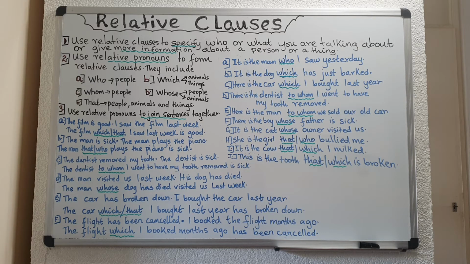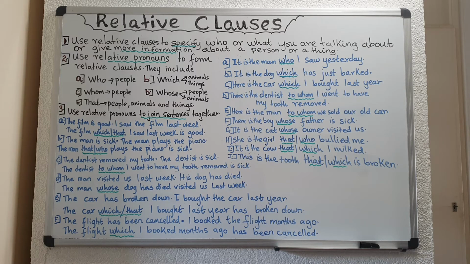And then in the next example, here is the car which I bought last year. In this case, we're talking about a car. A car is a thing, and therefore we use the pronoun which. Remember 2B. Here is the car which I bought last year.